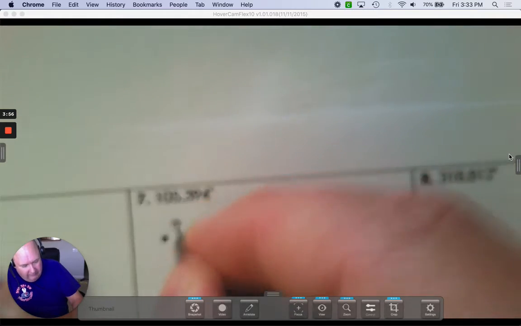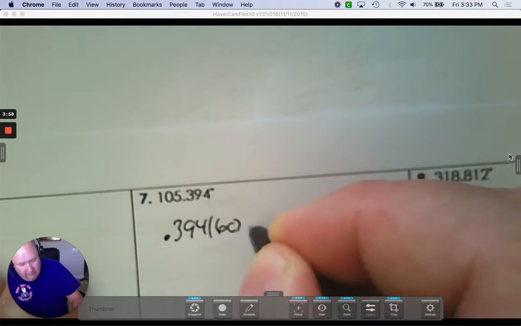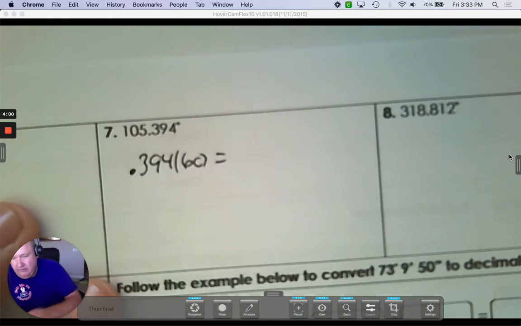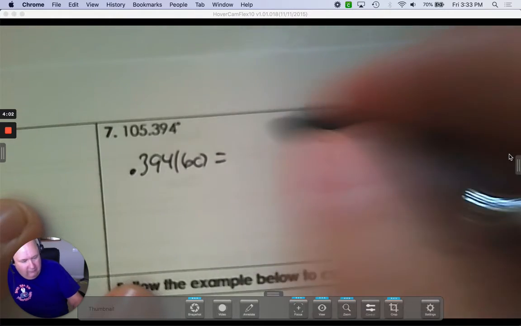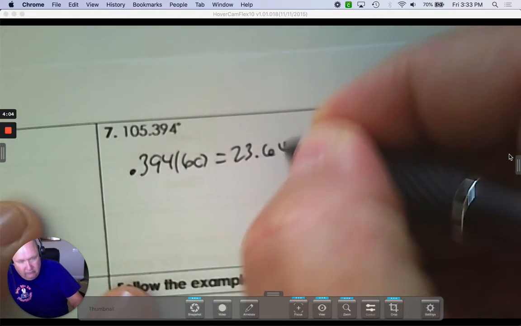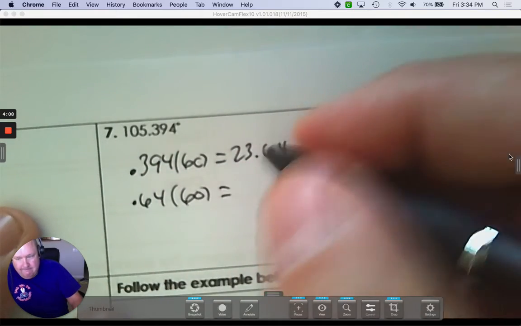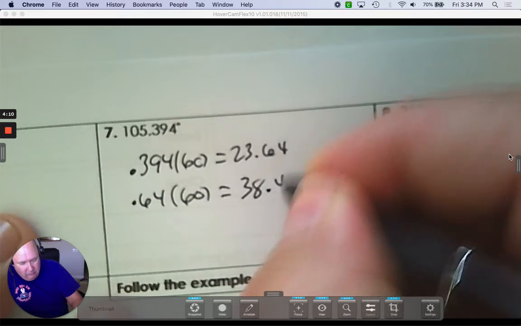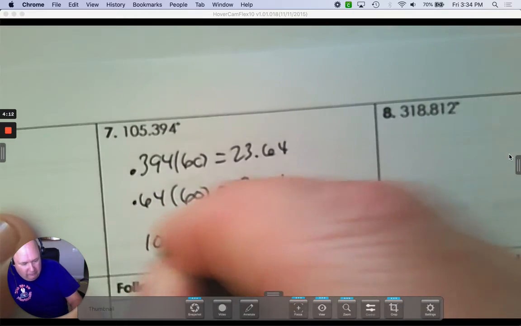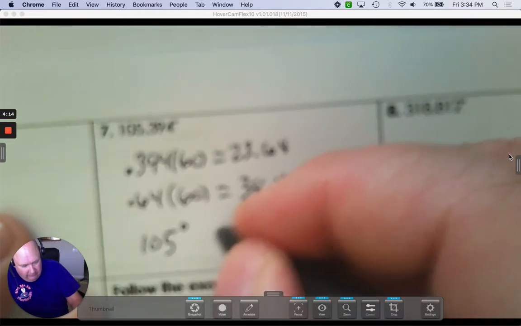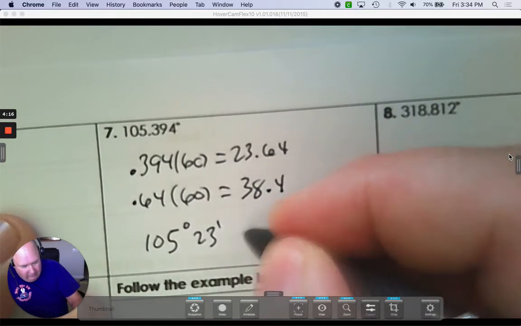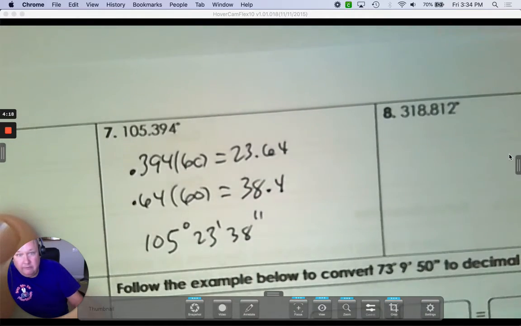One more time. Just take the decimal times 60. So 0.394 times 60. That gives me 23.64. Take 0.64 again times 60. That gives me 38.4. And then take those numbers, 105 degrees, 23 minutes, and 38 seconds if you round.